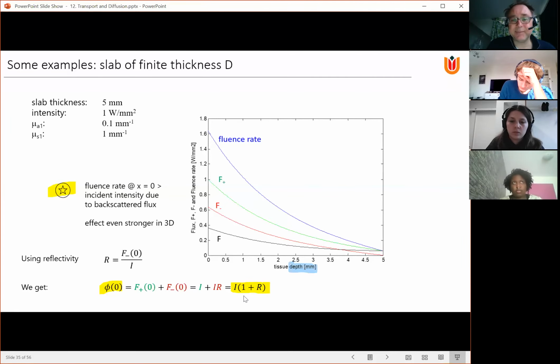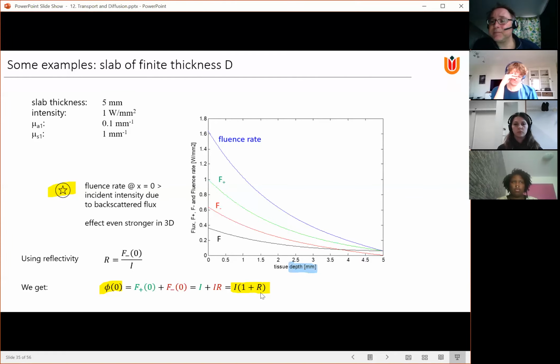So if you combine that, you see that the fluence rate at the surface, or let's say just below the surface, is the incident intensity times 1 plus r. So that actually quantifies this build-up factor. And the really nice thing about it is that this reflectivity you can measure.